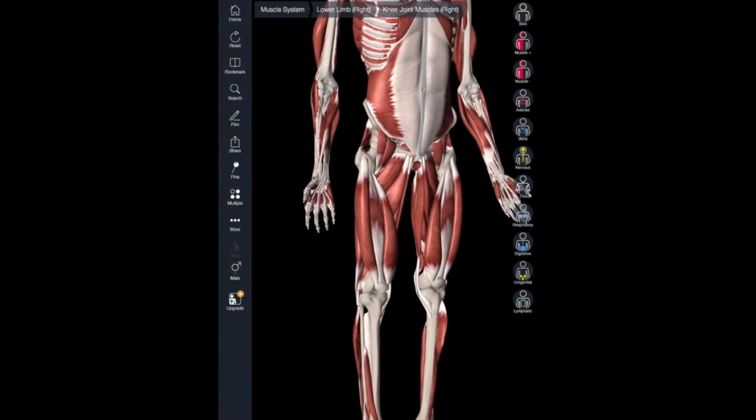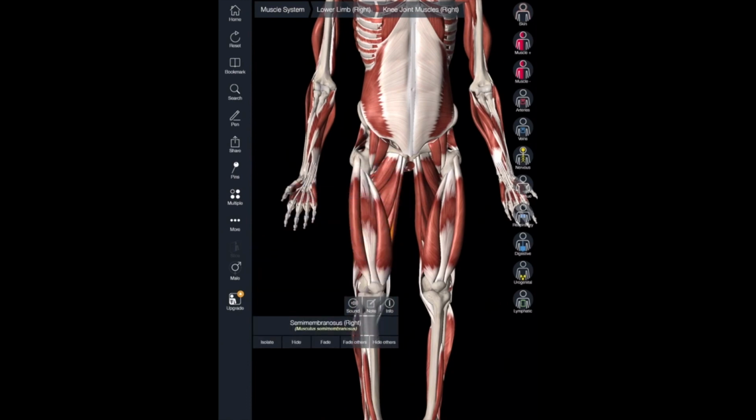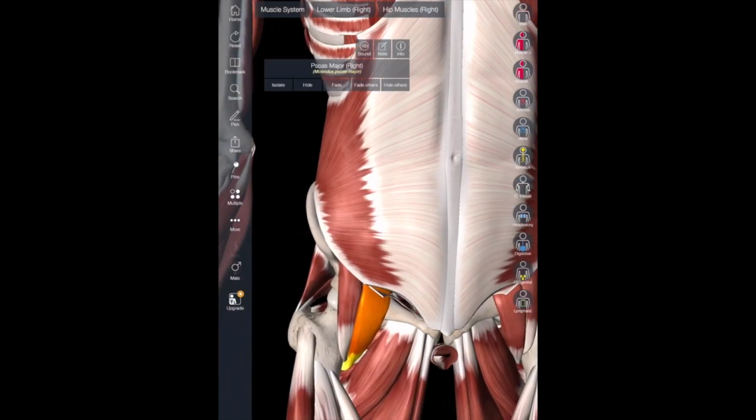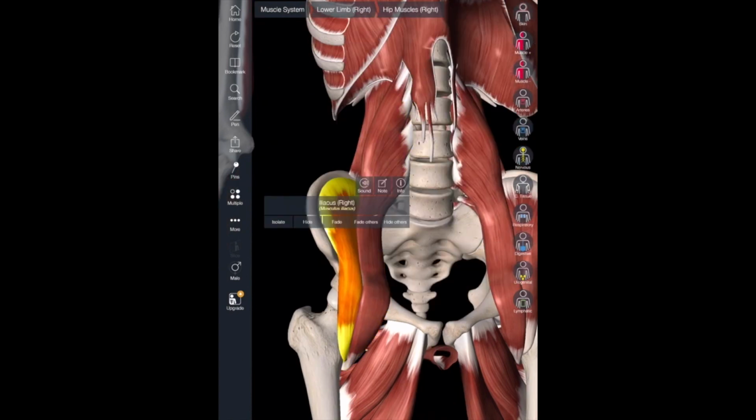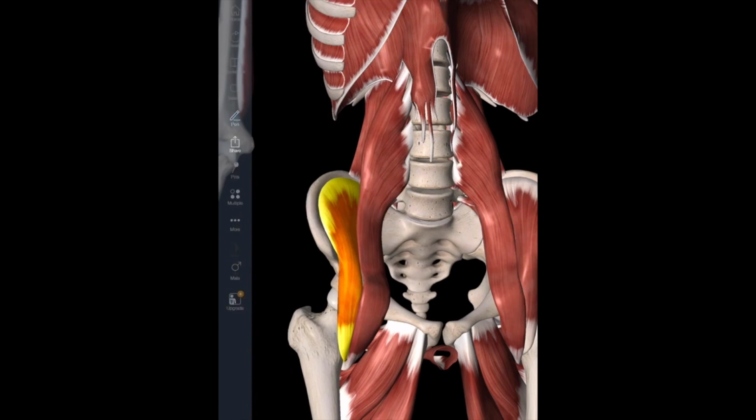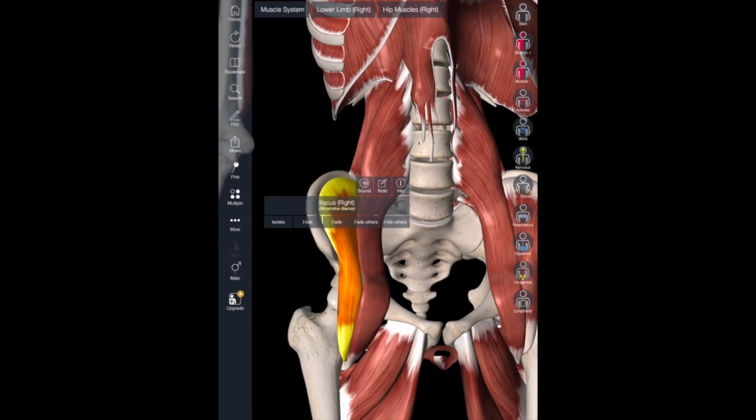Opposite action of hip extension is hip flexion. Prime mover in flexion is psoas, unless we're counting iliacus and psoas together as a muscle, because they come together here and share a common distal attachment at the lesser trochanter, then we could say iliopsoas is the prime mover in hip flexion.